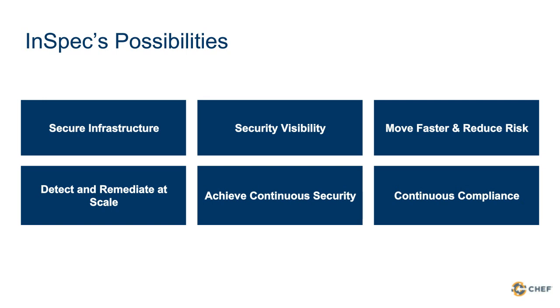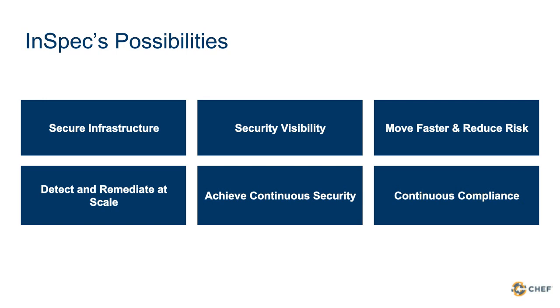And the last thing we'll talk about as far as possibilities with InSpec is continuous compliance. Especially in the federal space, this is important because of the Cloud Smart initiative, and there's a real effort to make compliance a continuous thing and not wait till the quarterly or bi-yearly audit.